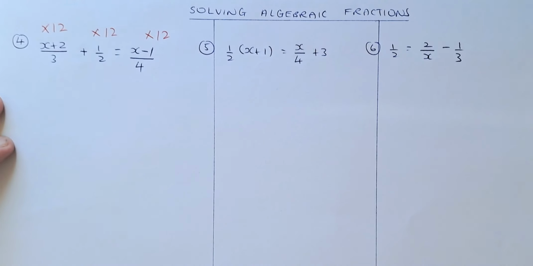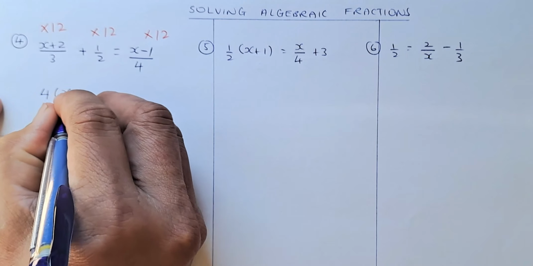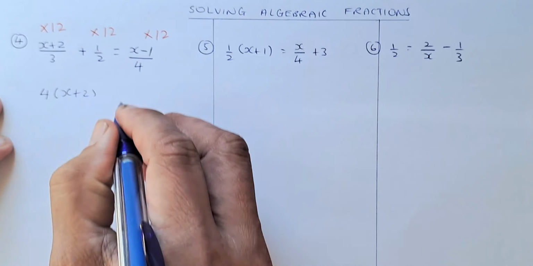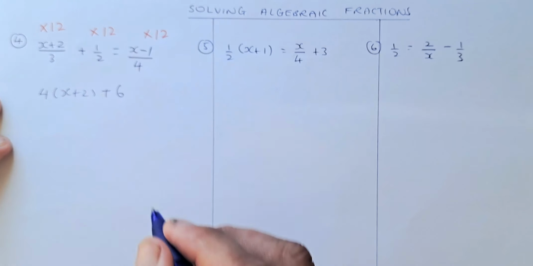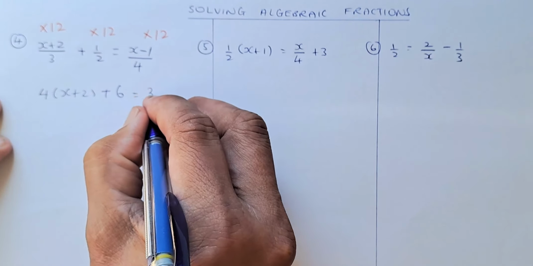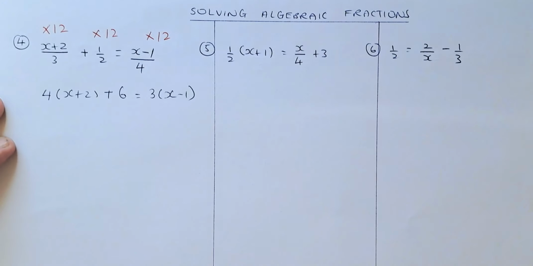So when you multiply by 12, it's going to be 4(x + 2) because 12 divided by 3 is 4. And the second term is going to be plus 6 because 12 divided by 2 is 6. And the next term is going to be 3(x - 1) because 12 divided by 4 is 3. You get rid of the fraction immediately.